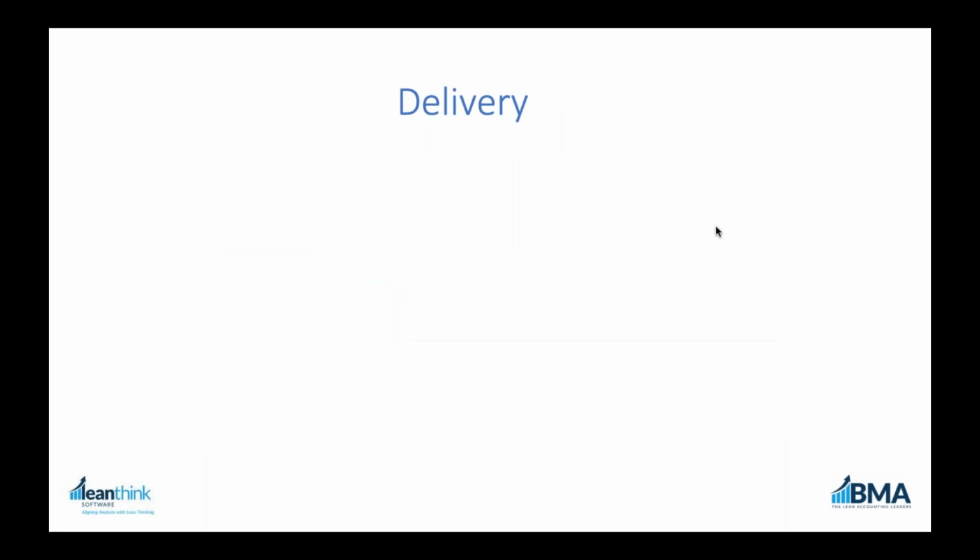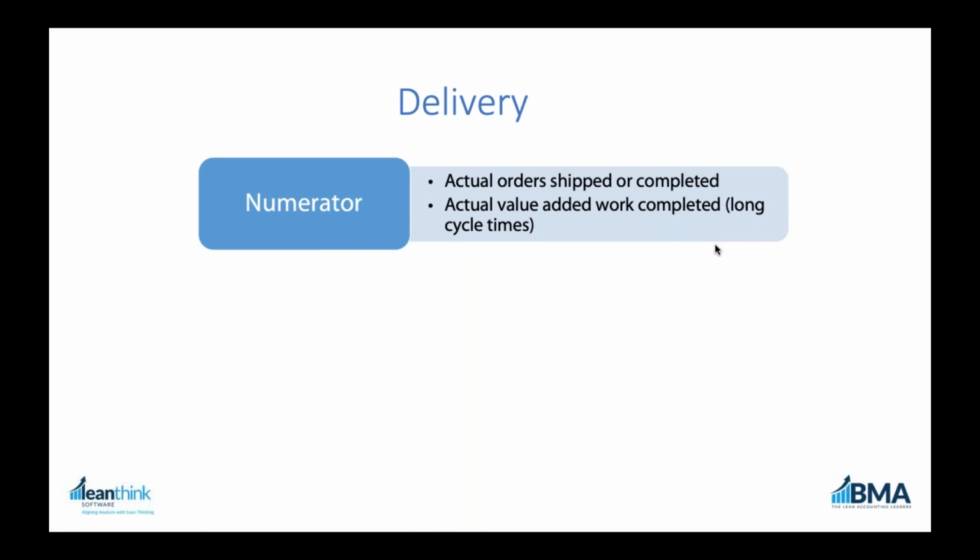Let's look at delivery. So we're talking about on-time delivery based on what the customer wants. And on-time delivery is pretty much a yes or no, and it creates a percentage. The numerator is, what were the actual orders shipped, or if it's a service, what were the actual service orders completed?